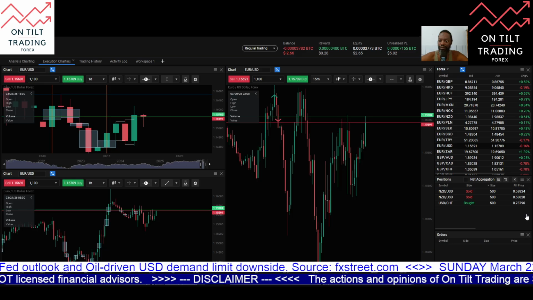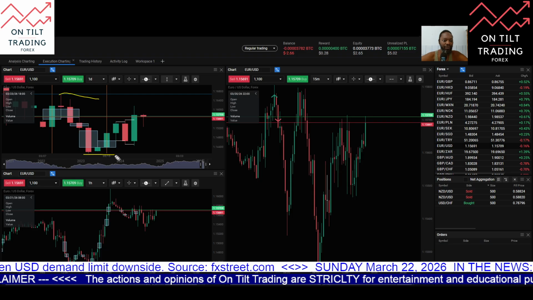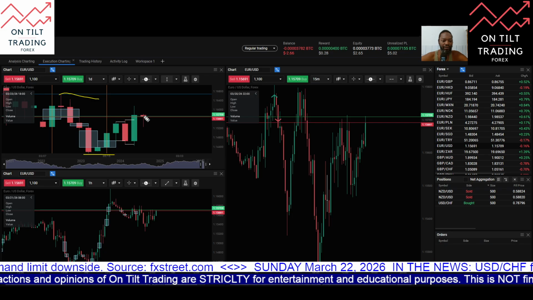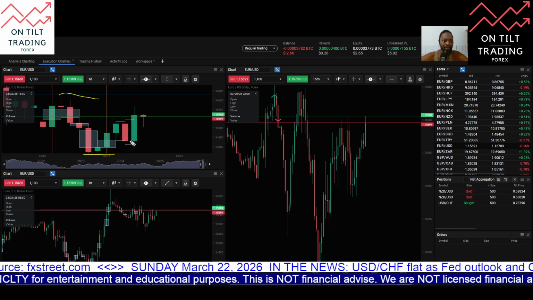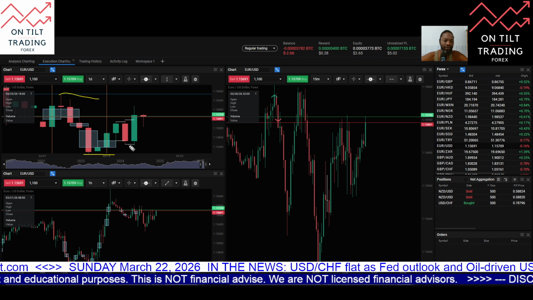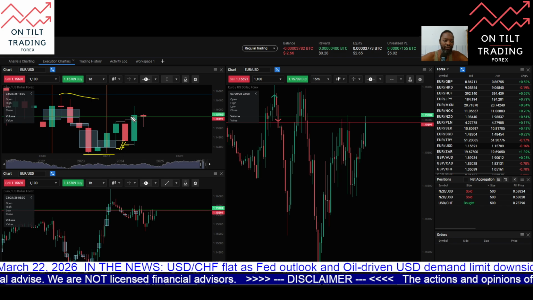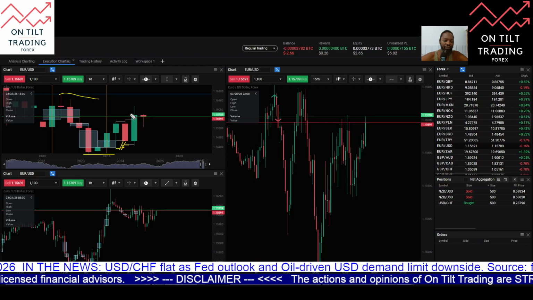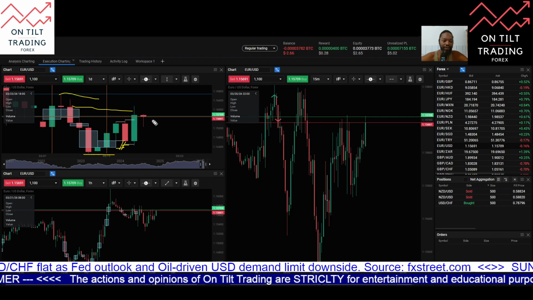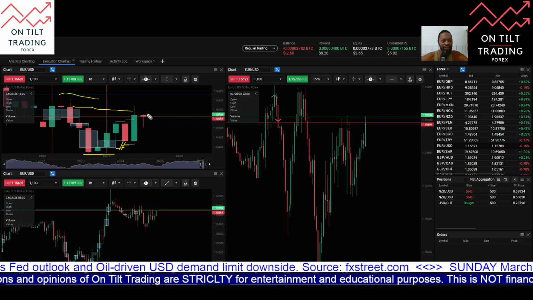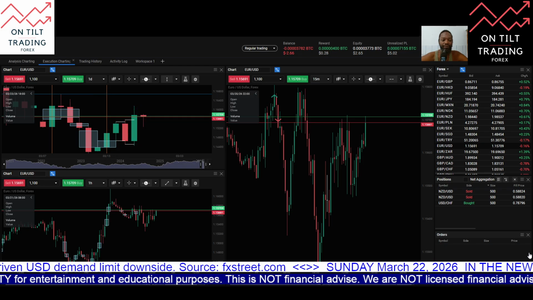So euro dollar here, we can see the high of last week here, low of last week down here, and same thing, we can see ranging conditions. Then most recently here you have this sweep of Wednesday sell side liquidity, and then you get the sweep of the buy side liquidity here, price trading up into this gap, and now price stalling here within the range of Thursday's candle.